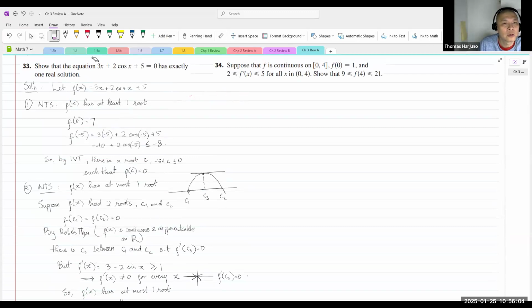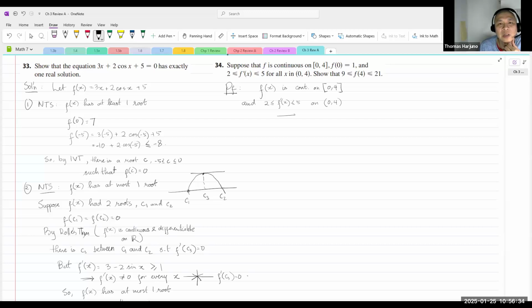Number 34. Suppose f of x is continuous on 0 to 4 and 2 is less than or equal to f prime x less than 5 on 0 to 4.